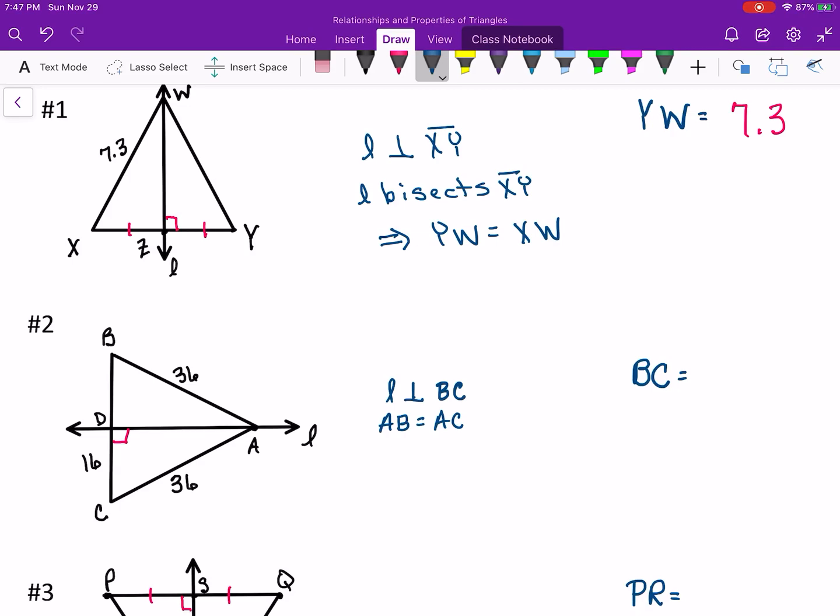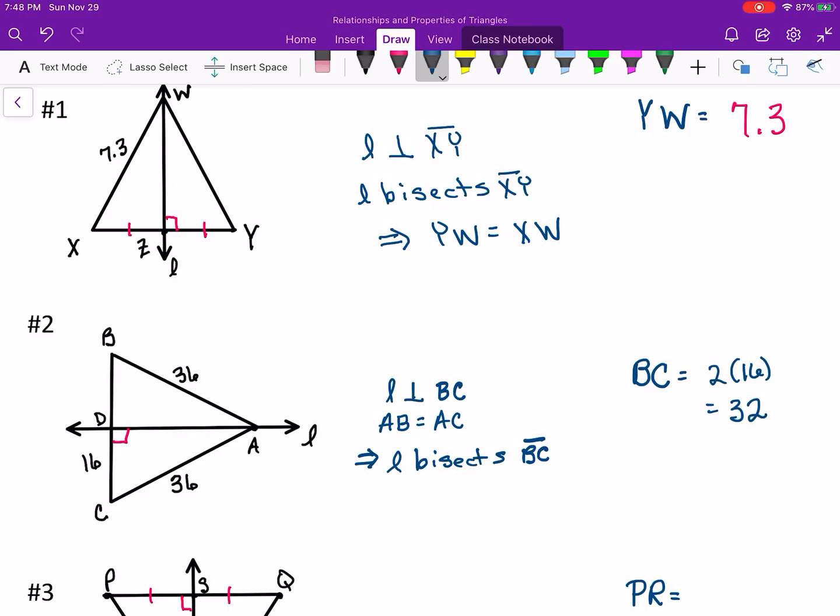So by the converse theorem, what we know is that L bisects BC. Well, if it cuts it in half, and half of it is 16, that means that BC is twice that, 2 times 16, or it has a length of 32 units. Because half of it is 16, that means BD would also be 16, so 2 times 16 would be 32.